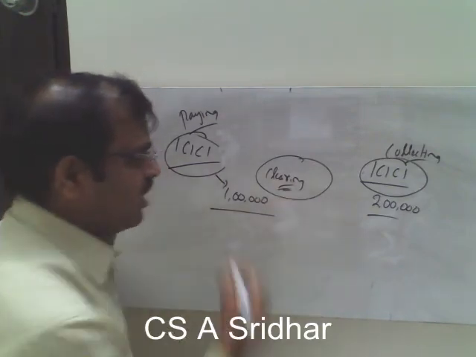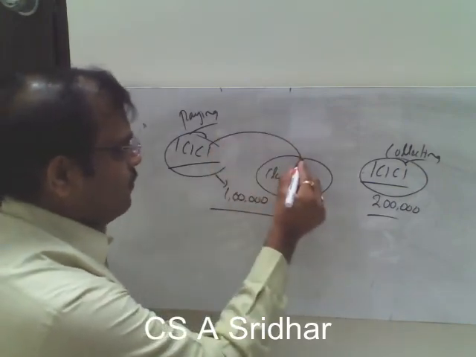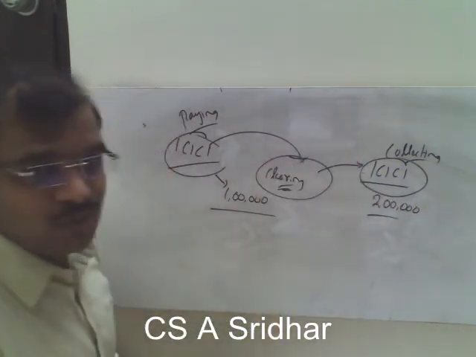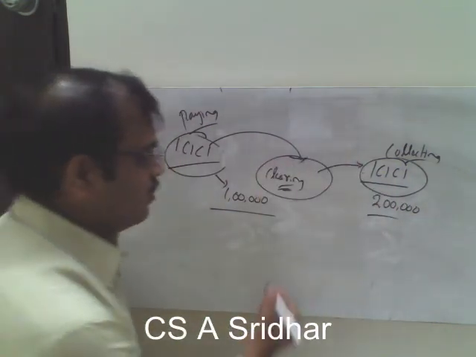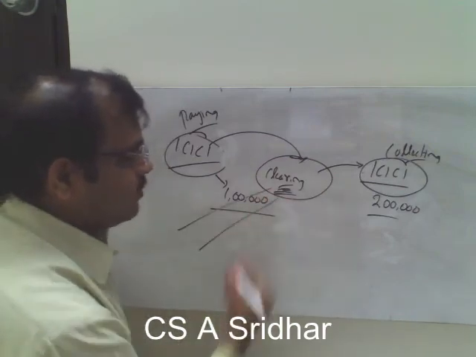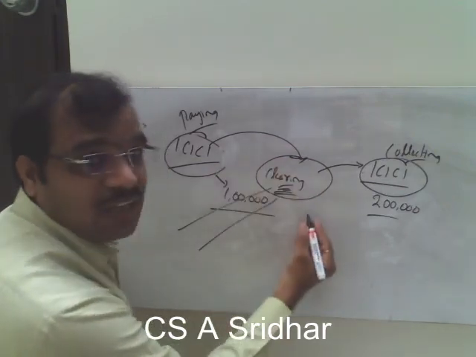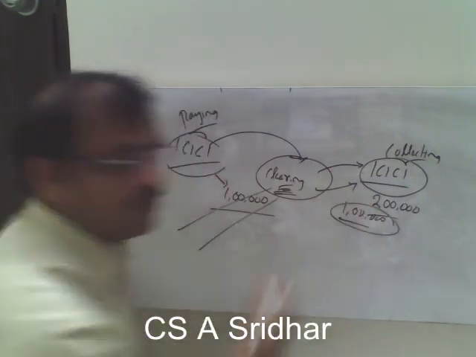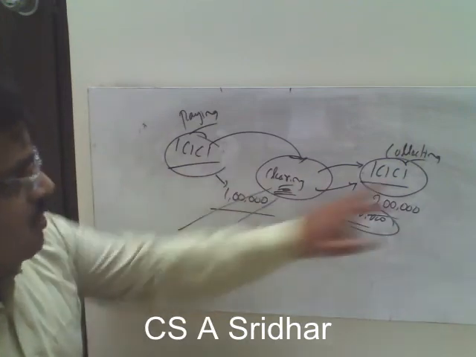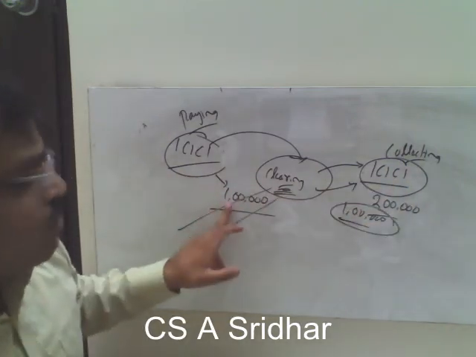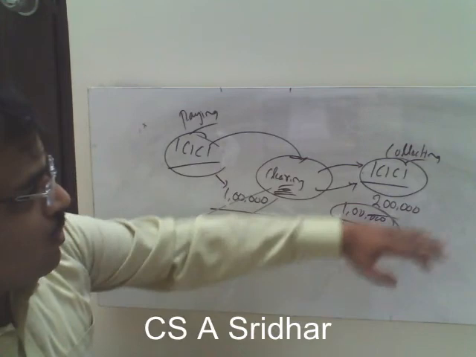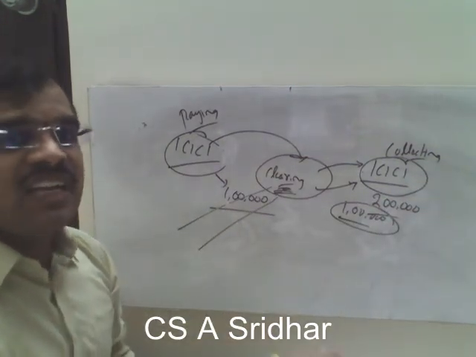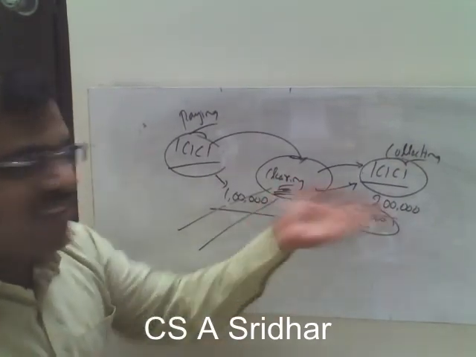So the clearing house can do this: instead of taking the 1 lakh rupees and making a payment of 2 lakh rupees, because they are receiving from various banks, they will directly pay 1 lakh rupees to the collecting banker. Anyway, ICICI Bank has to receive 2 lakh rupees and is also able to make the payment of 1 lakh rupees, so you can set off this amount. The remaining 1 lakh rupees only can be collected by ICICI Bank. Internally they can settle. So that is called set off.